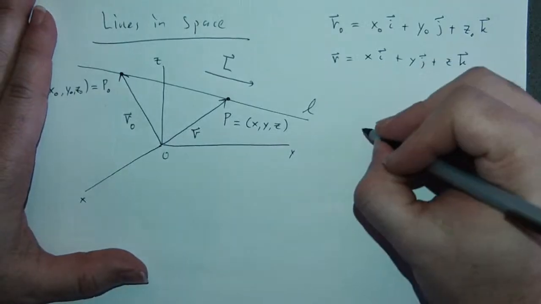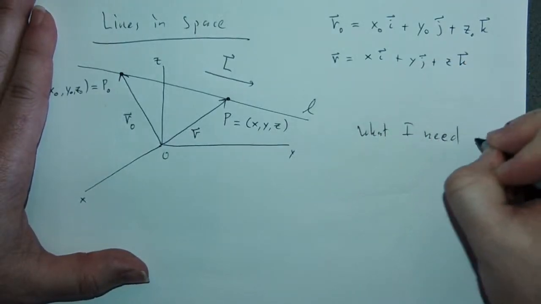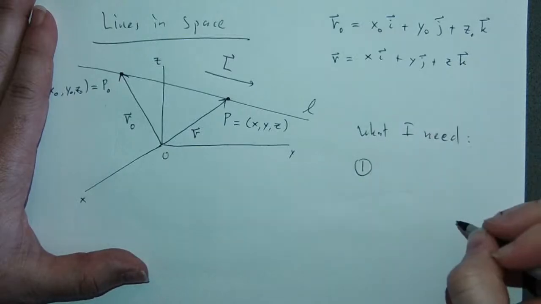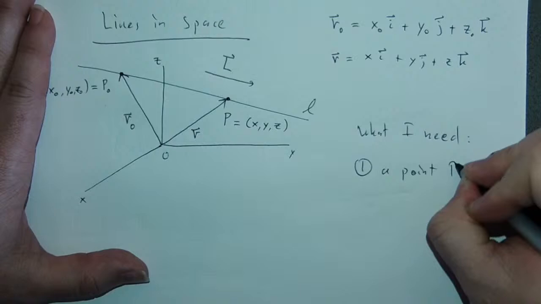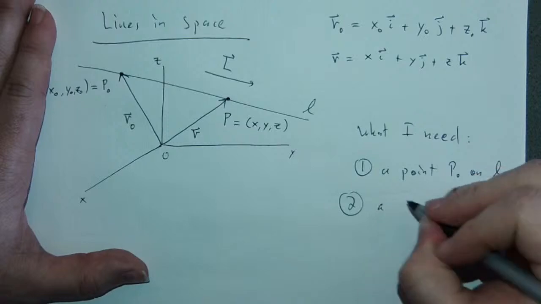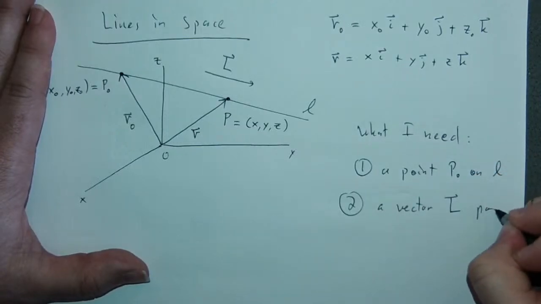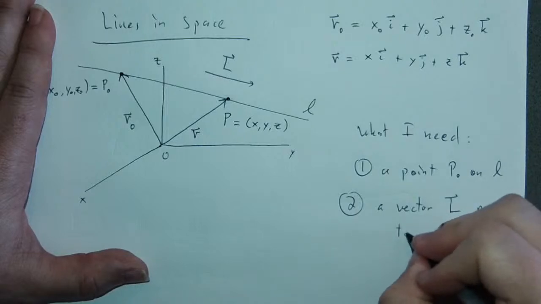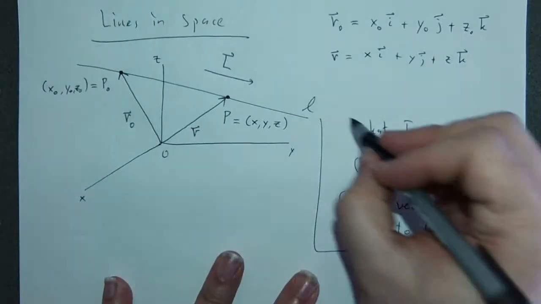So what I need, 2 pieces of info: a point P naught on my line L, and secondly, a vector big L parallel to my line L. Okay, this is what I need.